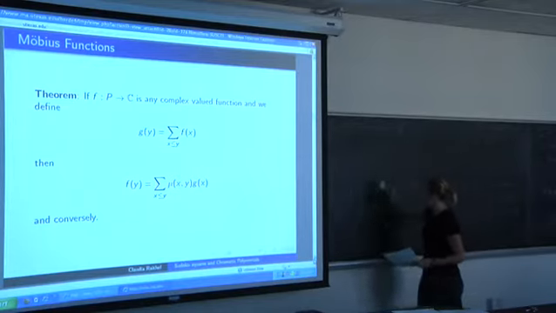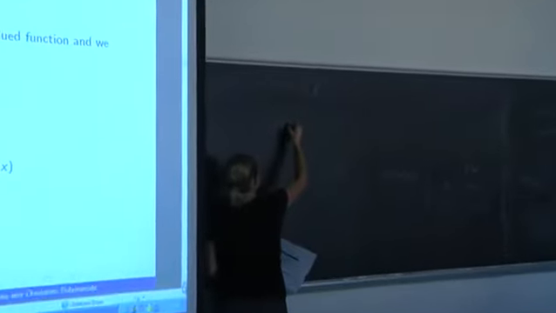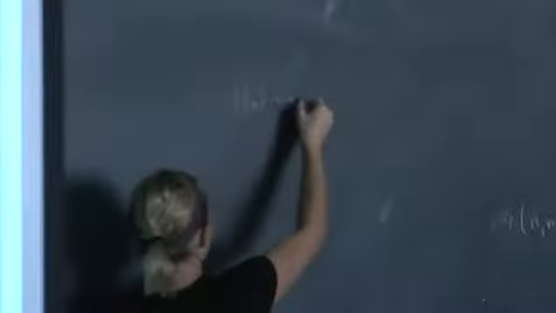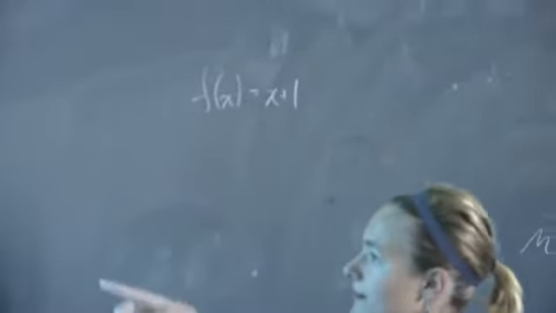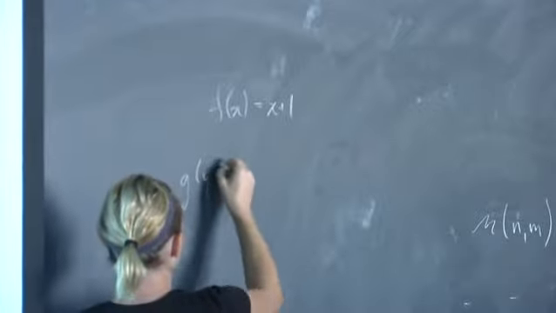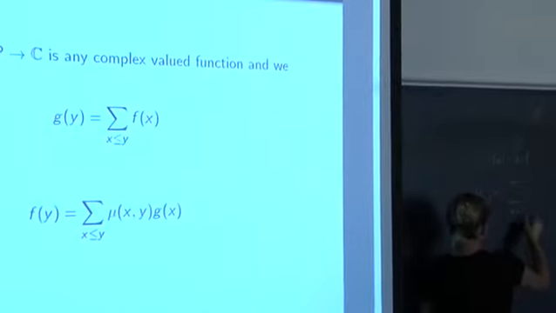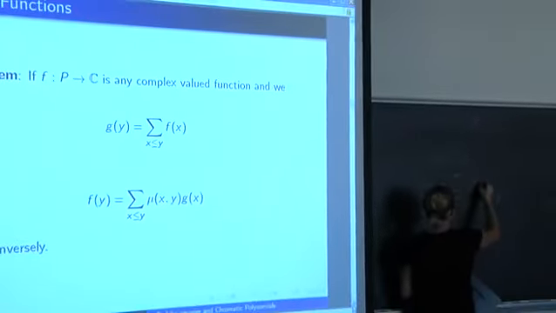So say that I just tell you that f of x is equal to x plus 1. Then let g of y be equal to the sum, x less than or equal to y, f of x.